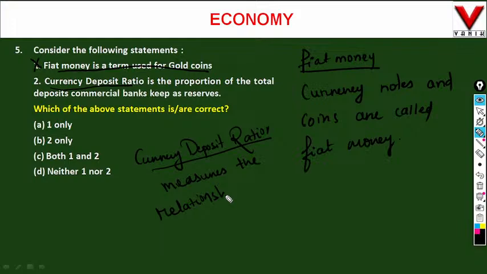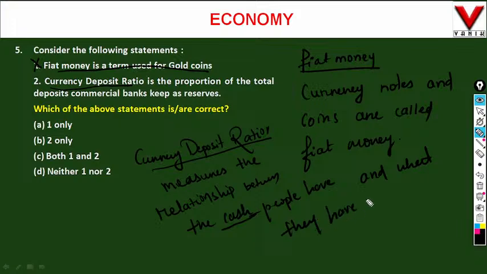It measures the relationship between the cash people have, remember, the word mentioned is the cash people have, not the liquid money, the cash people have on hand, and what they have left in their bank accounts.